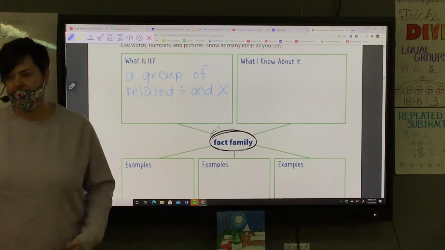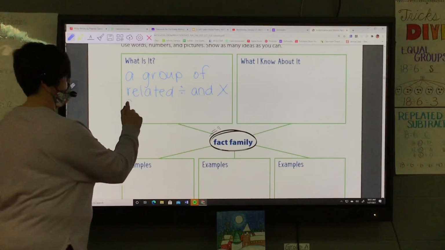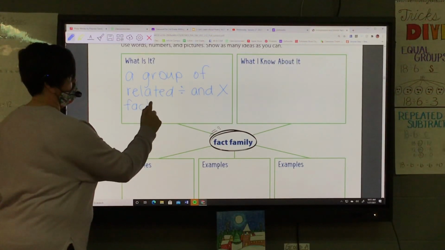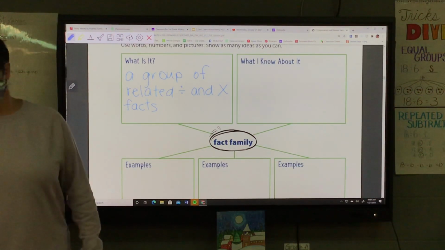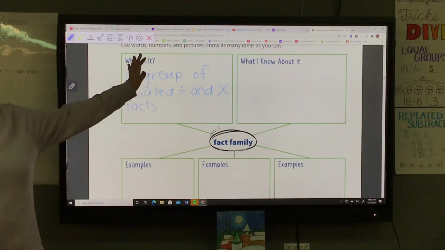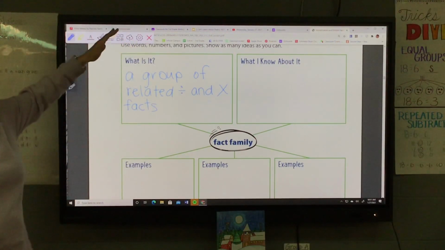Should we write down facts since it's a shorter word? So a group of related division and multiplication facts. Everybody have this? I'm going to get rid of it to slide the paper up.